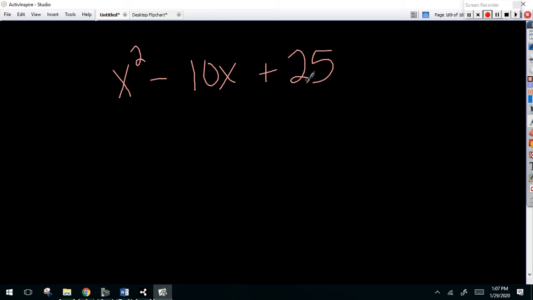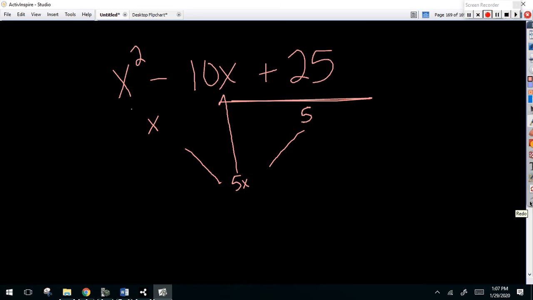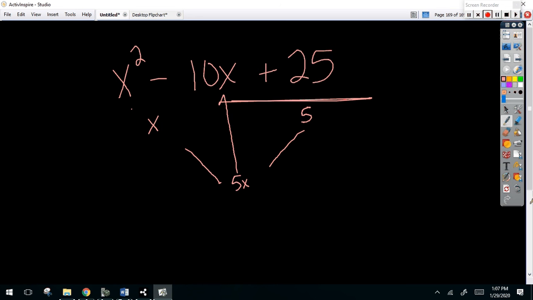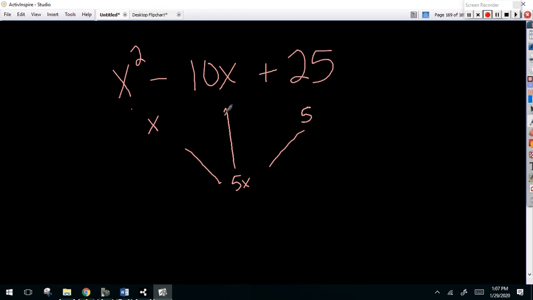And the middle, what's the square root of the first? 1 what? 1x. What's the square root of the last one? If you multiply those two things together and then you double them, do you get what's in the middle? Yes. So that's how I know it's a perfect square trinomial. Okay?